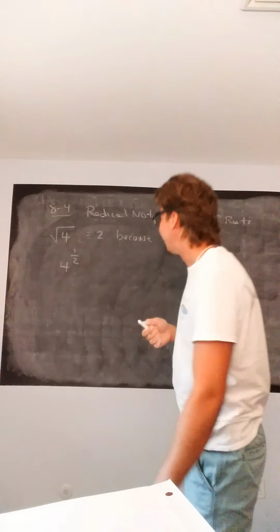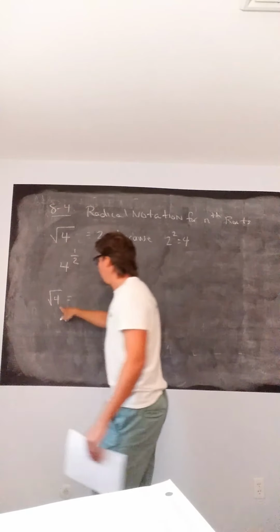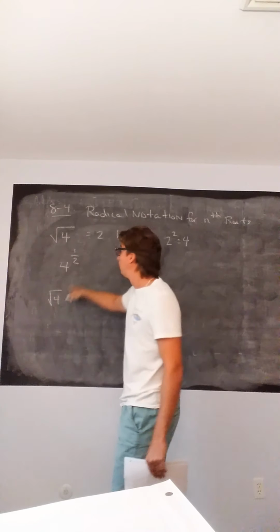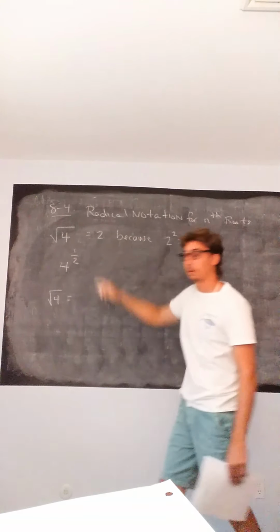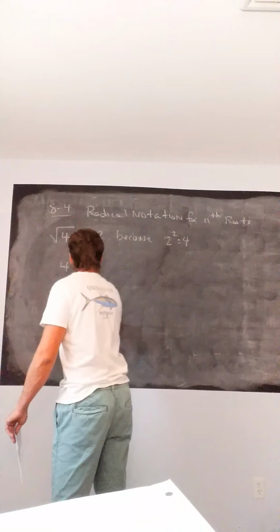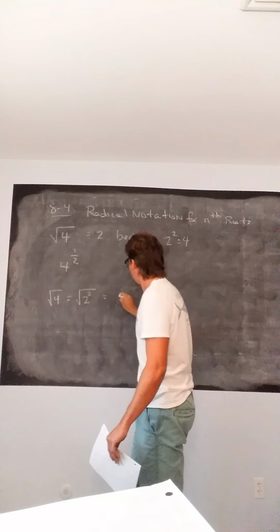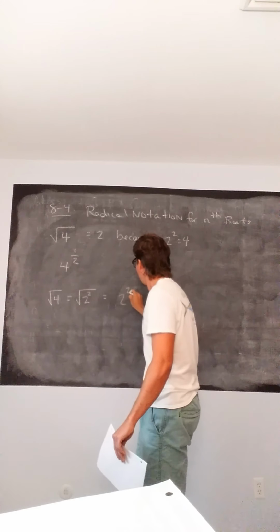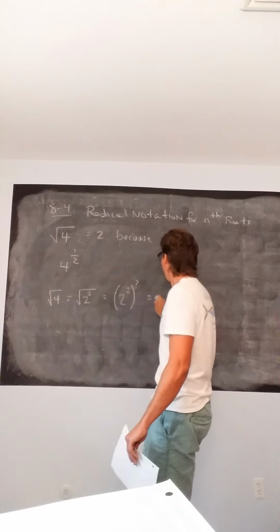Let's investigate. So start off again with the square root of 4. Well, we know that we can write 4 as 2 squared. That's what answers the question of square root of 4. So this is the square root of 2 squared. So in other words, 2 squared raised to what power is going to give me 2?